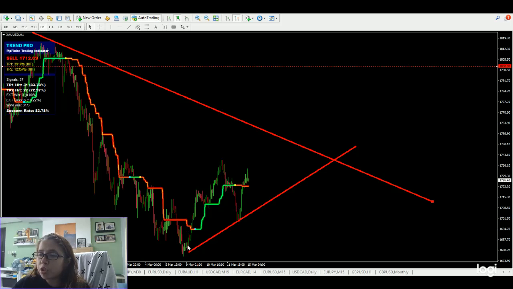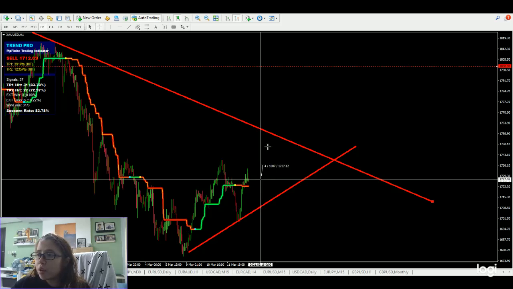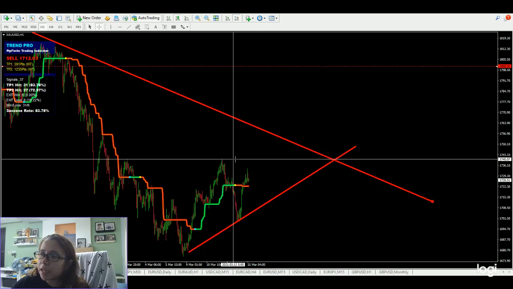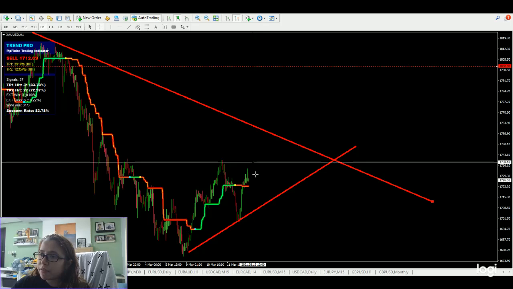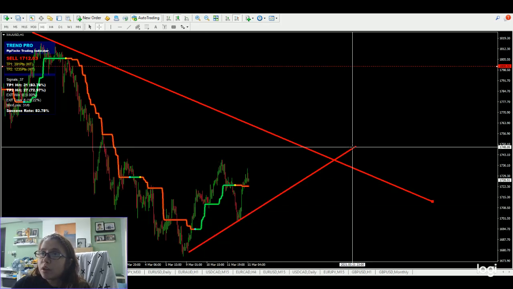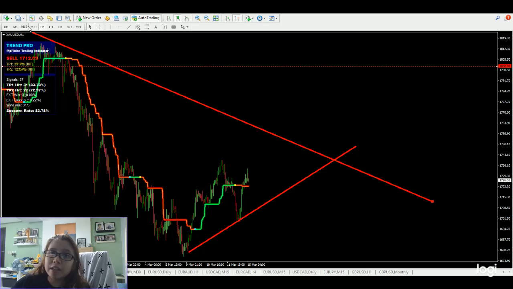So for short-term trend, we could potentially get at least 296 pip move to the upside. But if the price will be contained at this point and finally breaking this trend line, then it will proceed to what it has been doing, which is the downtrend.